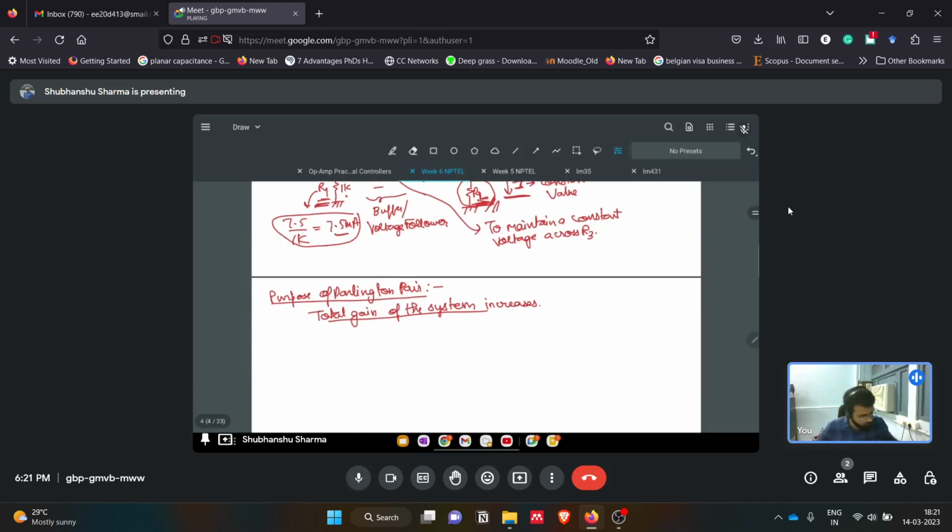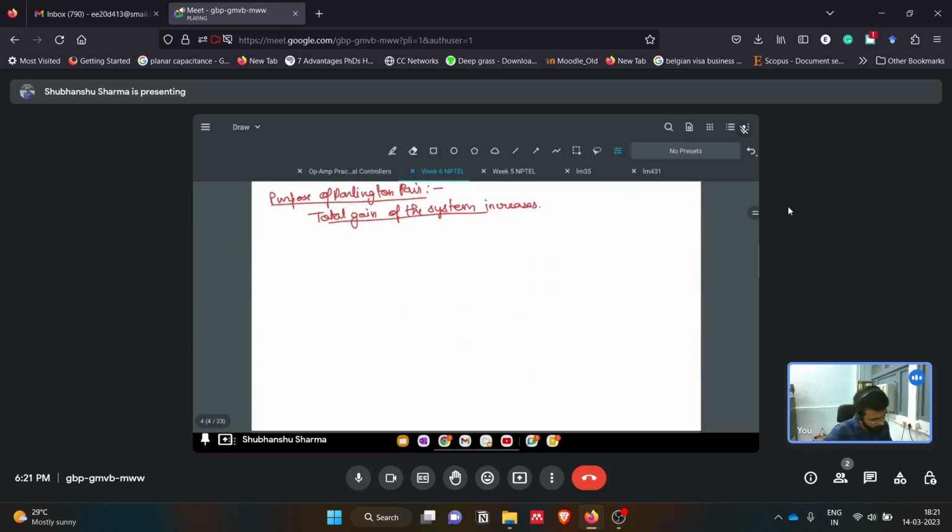Now we will move towards the next application. We saw this constant current source, right? Now we talk about our next experiment. Experiment two.